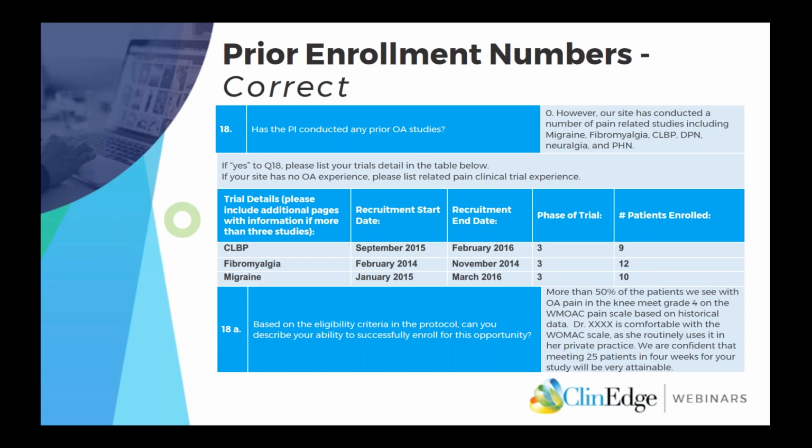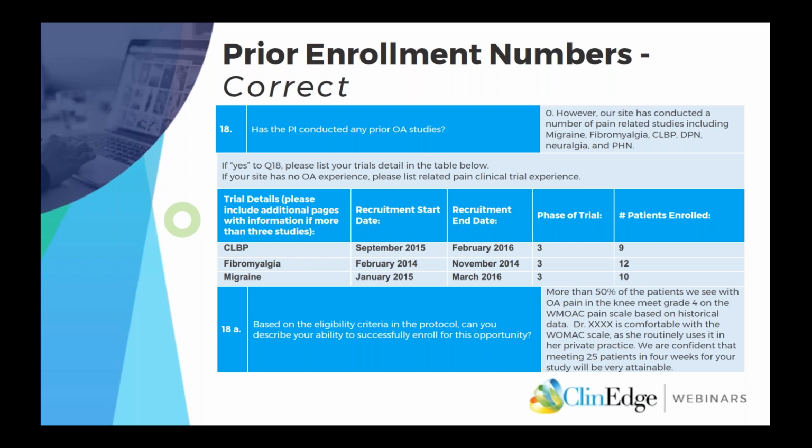Top part, has the PI conducted any prior OA studies? 0. If this is a free response answer, mention the similar trials that you've done, assuming maybe this research naive investigator is a rheumatologist, maybe your internal med doc has worked on a couple of these other studies, or a neurologist has done these other studies at your site.